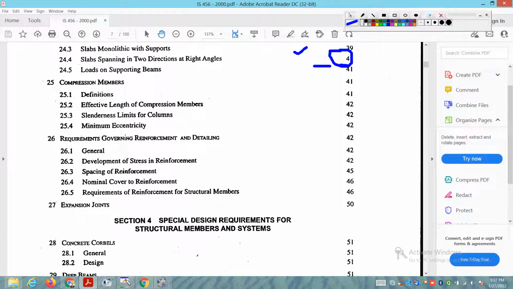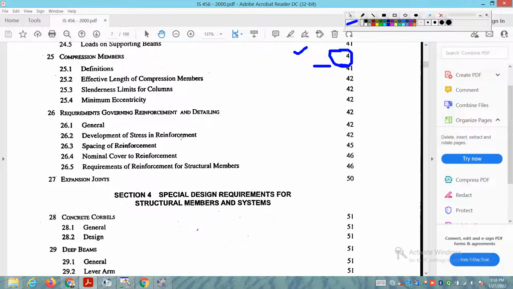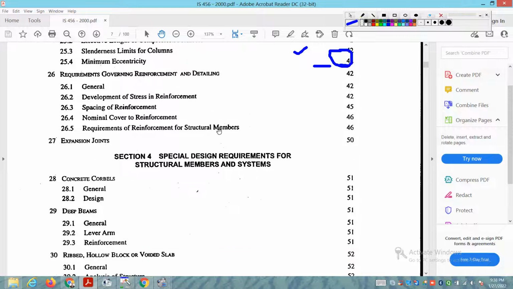For ductile detailing and for reinforcement and detailing, a few other IS codes are also available, like IS 13920. But here the general rules to be followed related to detailing and reinforcement have been incorporated.